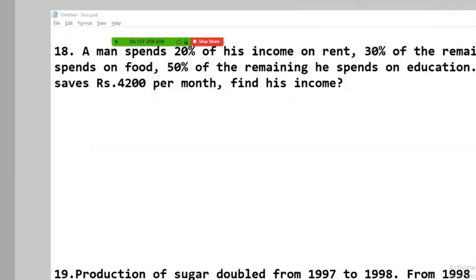If he saves rupees 4,200 per month, find his income. Please pause the video and try to solve it, then only see the solution.